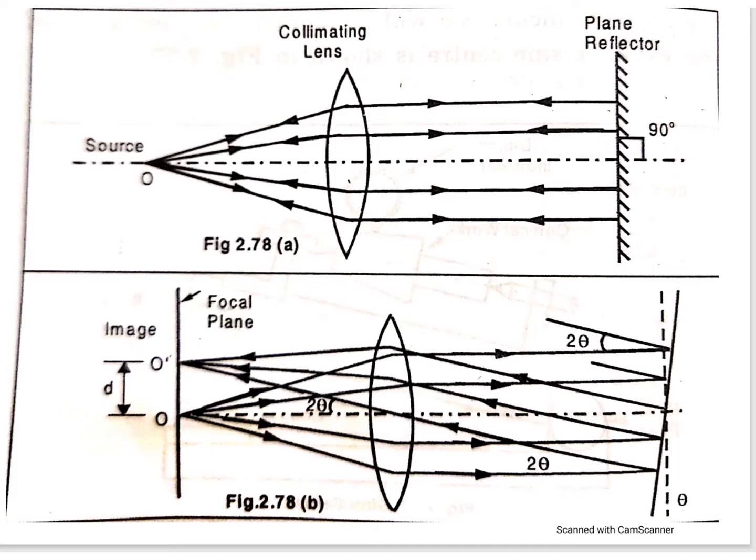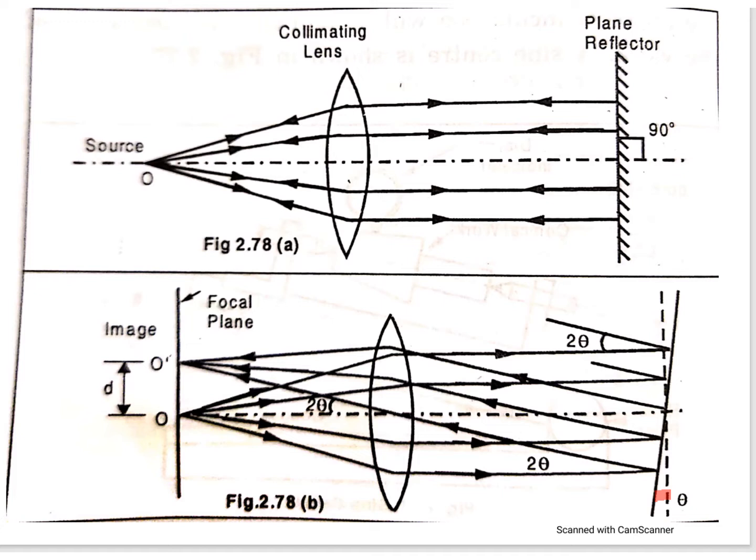If the reflector is tilted, the light ray is reflected back from its original path and brought to focus at a point not coincident with the origin point. If the reflector is tilted by theta degrees, this angle is theta. We want to measure this angle. Very small angles also can be measured. For this we are using this instrument.